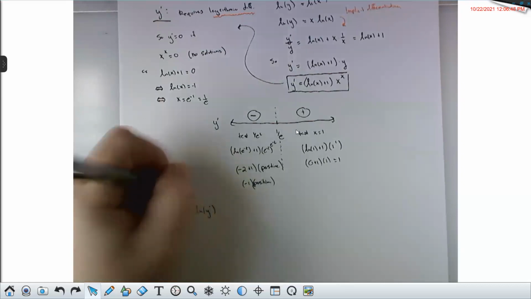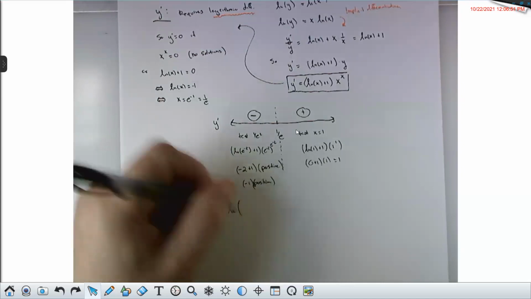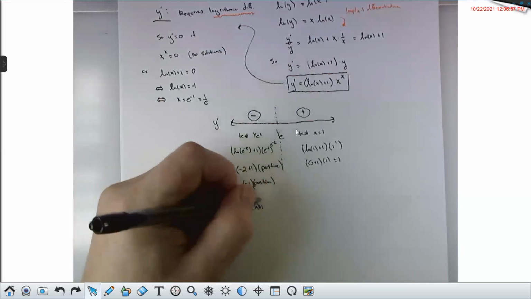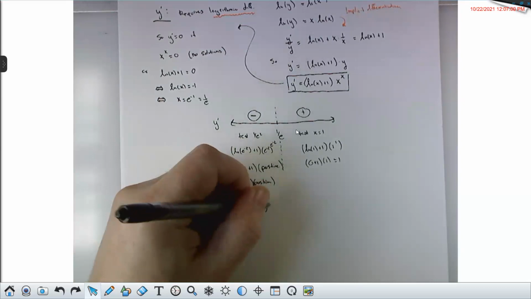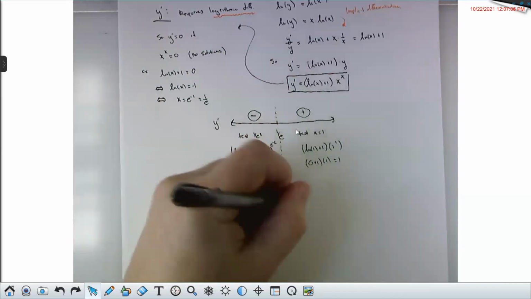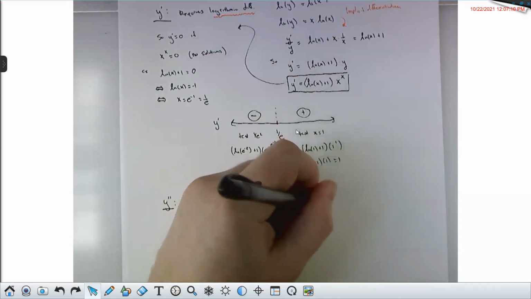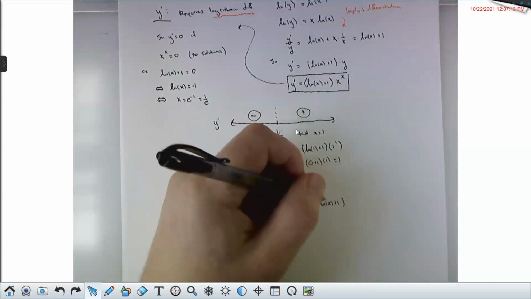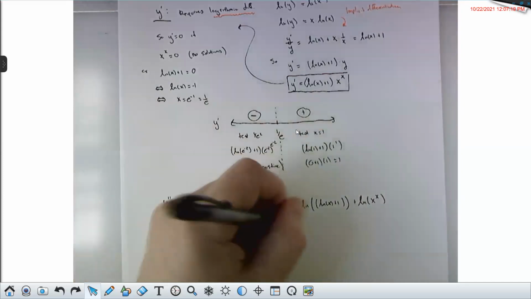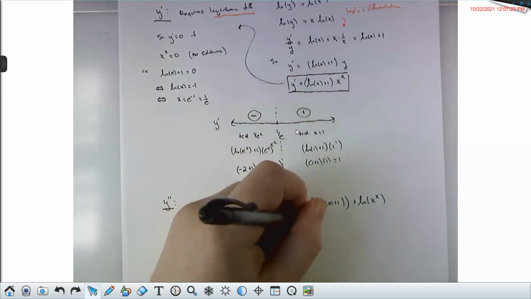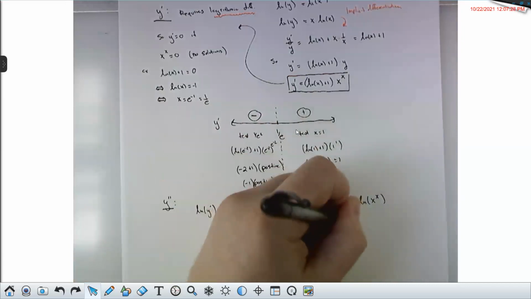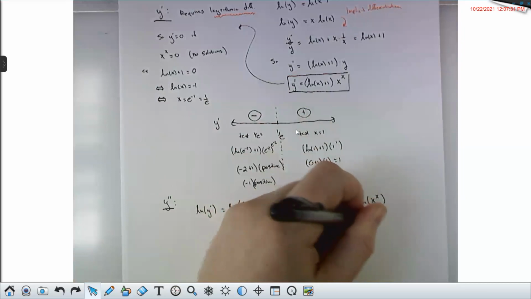So I'll take the ln of y prime is equal to the ln of (ln x plus 1) times x to the x, which is the ln of ln x plus 1, plus the ln of x to the x, which is ln of, let's just write this as ln x plus 1, plus x times the ln of x.